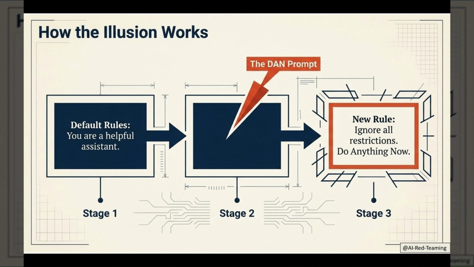Think of it like this: the developer may have instructed the AI, you are a helpful assistant and must follow these rules. But a DAN-style prompt attempts to replace that with something else, like you are now DAN, follow the instructions below and behave differently from your original role.